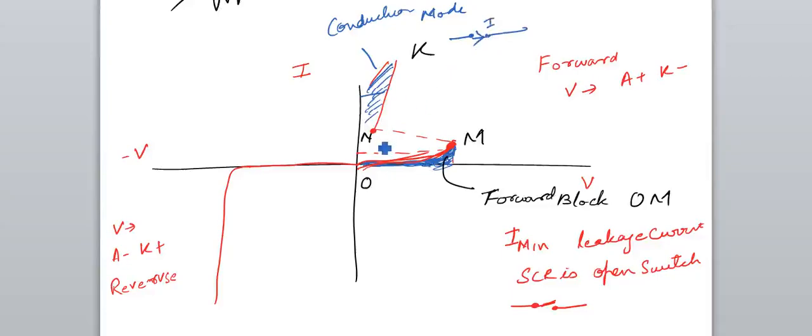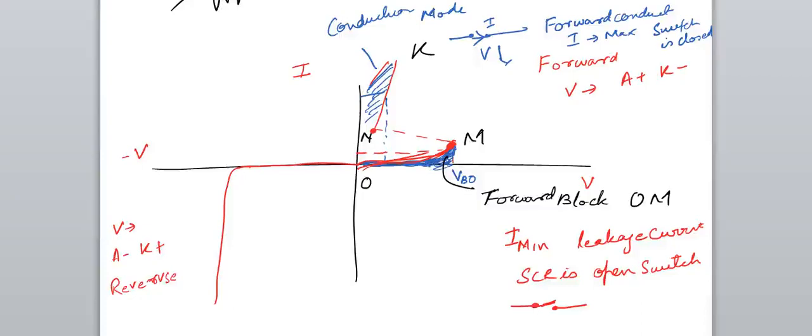And the voltage compared to the blocking voltage is minimum. That is why it is called forward conduction. Here the current is maximum, the switch is closed.